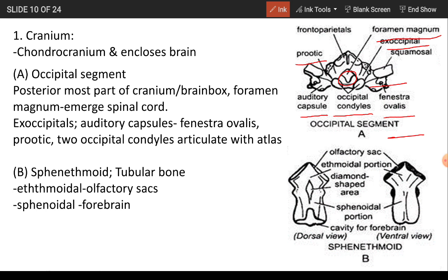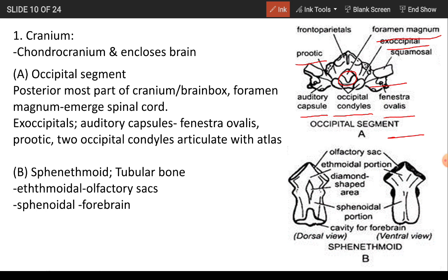The auditory capsule actually encloses the organs of hearing. And this auditory capsule, where the roof and floor is formed by the irregular cartilage bone called the prootic bone, is partially covered on its outer dorsal surface by the squamosal.